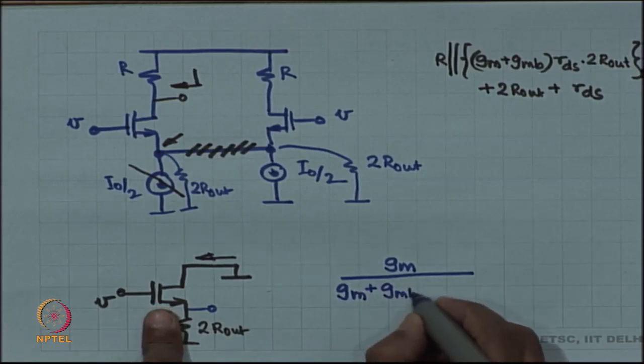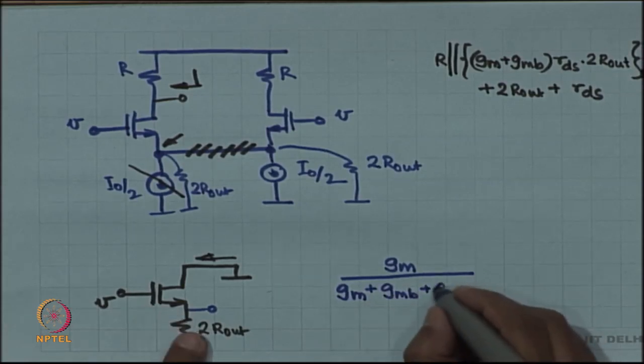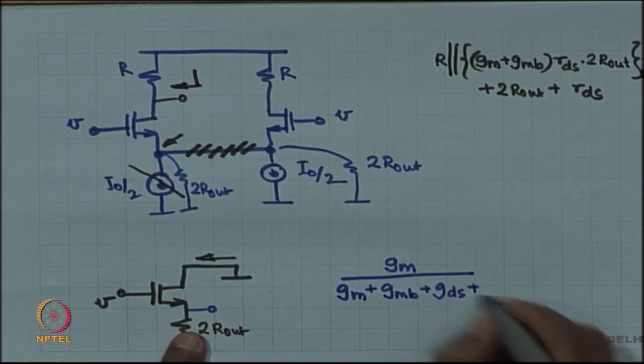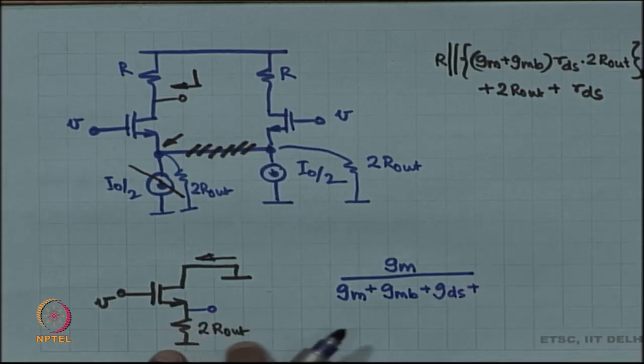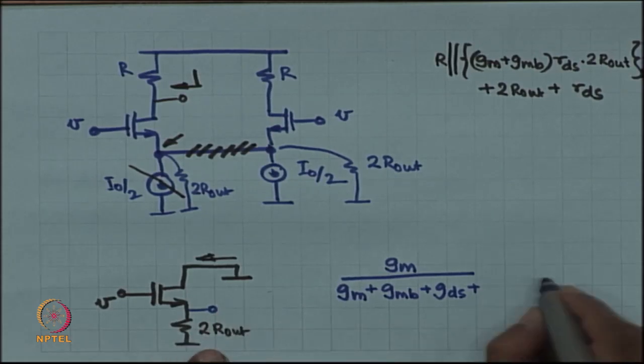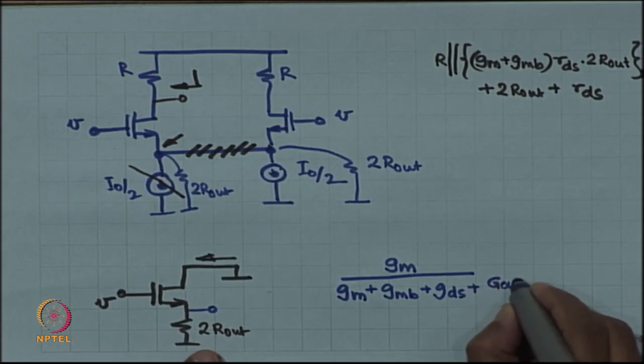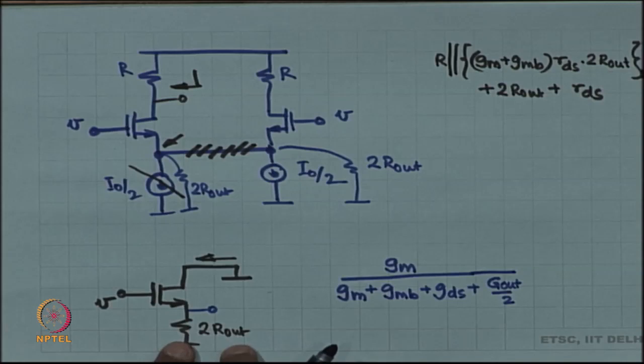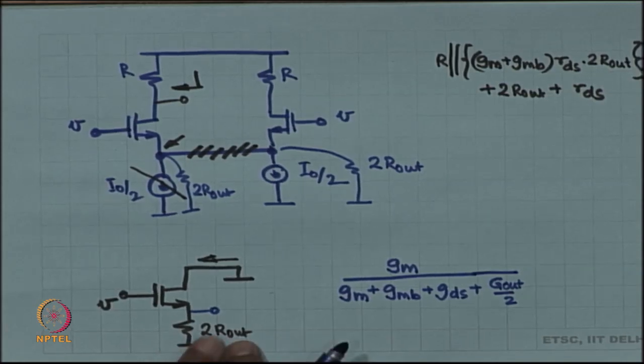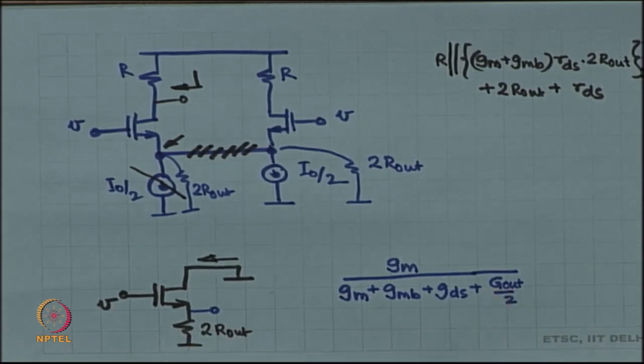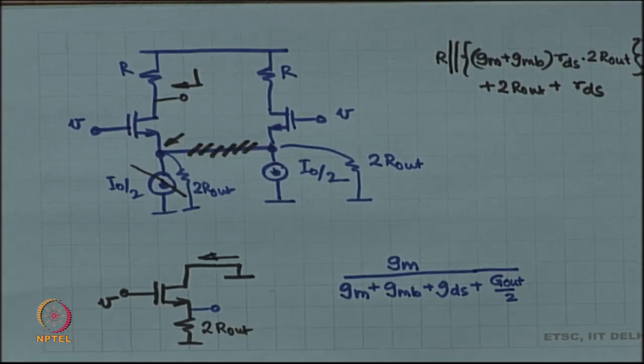So, GMB plus GDS plus, the smaller this resistance is, the worse it is going to be. Okay. 2 R out, the conductance is G out by 2, 1 by 2 R out. So, that is G out by 2. Okay. So, that is the voltage over here.